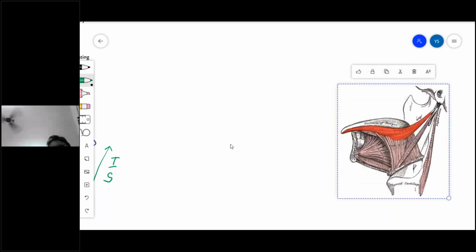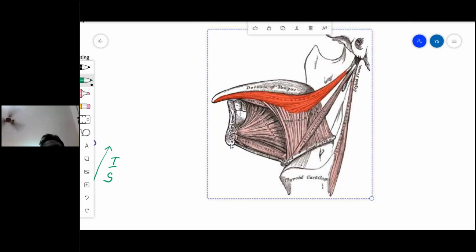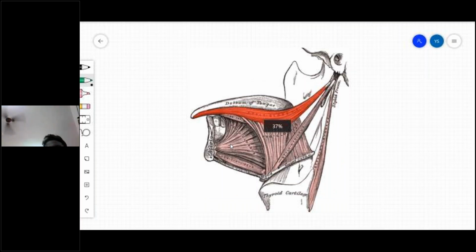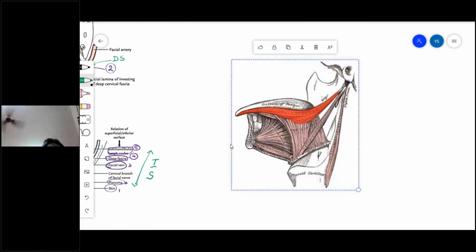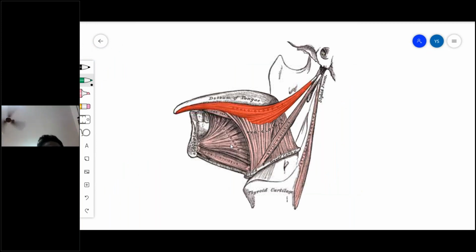If you feel any difficulties, with voice or video, let me know and I will try to rectify. Can you see this picture, the major picture? This is today's dissection, the submandibular region.